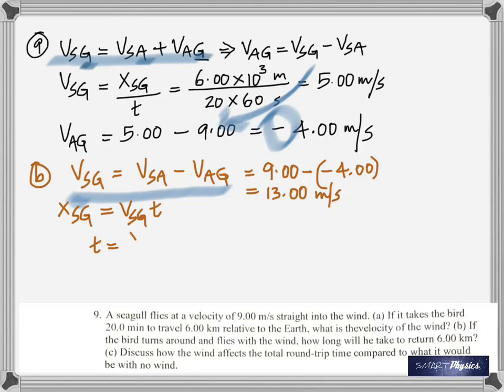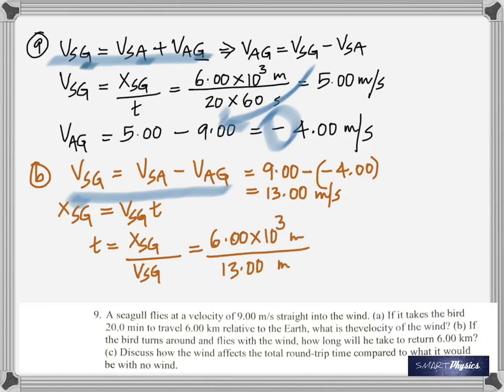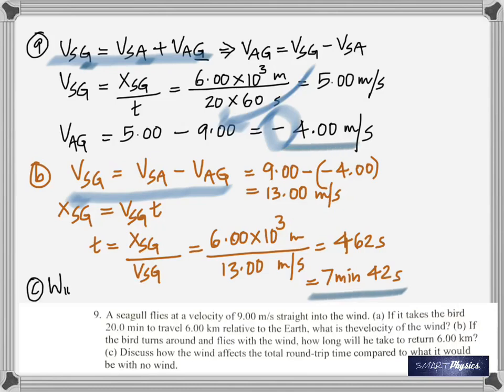With the wind, he's going to have a higher velocity. That's common sense. So that's 13 meter per second. And therefore, it's going to take less time. Same distance divided by the new velocity only takes 462 seconds now, which is 7 minutes 42 seconds.